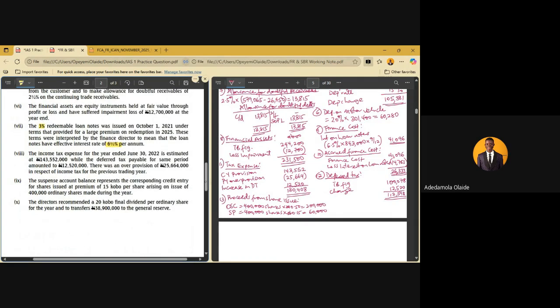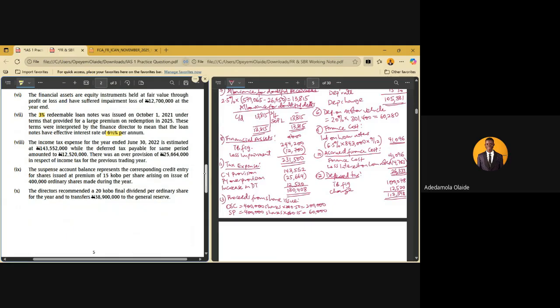They said the deferred tax payable for the same period. That is what is payable within this period as deferred tax.